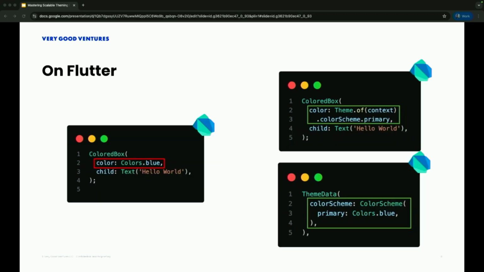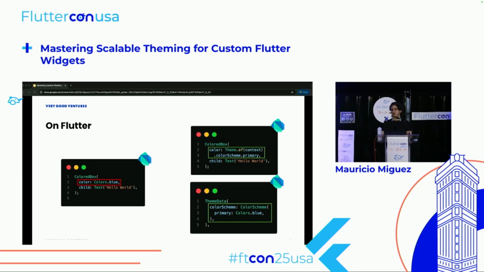The problem is that in Flutter, we have one single language across the board, which is called Dart. This gives us a lot of flexibility, but it doesn't prevent us from mixing these two concerns. Nothing tells you that you can't inline your styles in your widgets, but there is a much cleaner alternative, which is to use the Flutter theming system. This will prevent us from making the common mistake of mixing our behavior with our styles in our widgets.